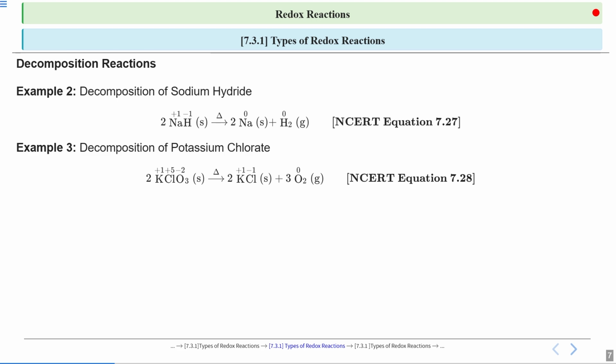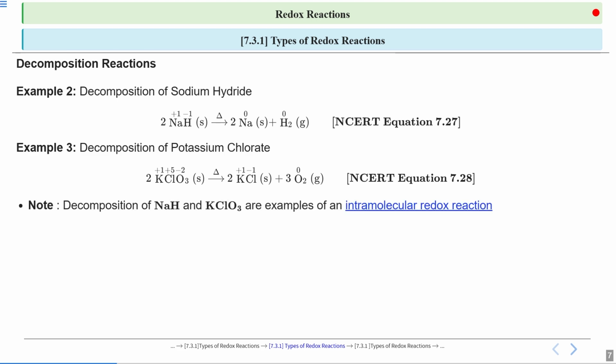Here you will also find that the oxidation number does change. If you look at the chlorine, in the reactant it is existing in +5, while in the product it is existing in -1. Hence, there is a change in oxidation number, which means there is electron transfer taking place. Hence, both these examples can be considered as decomposition reactions, or we can say decomposition redox reactions.